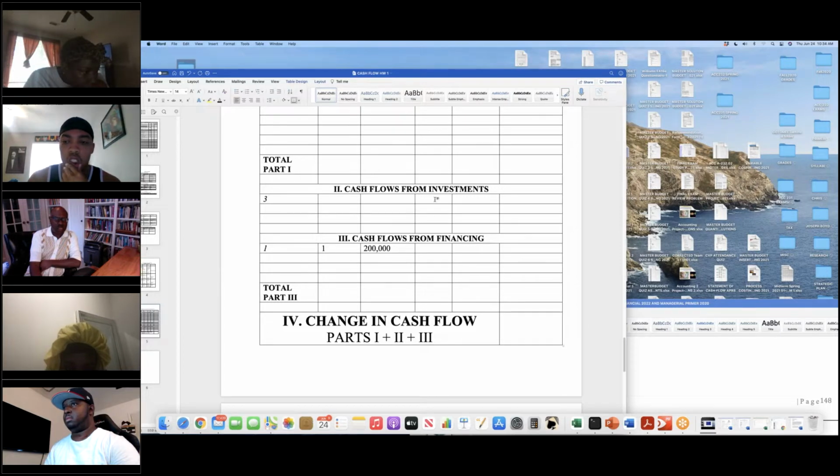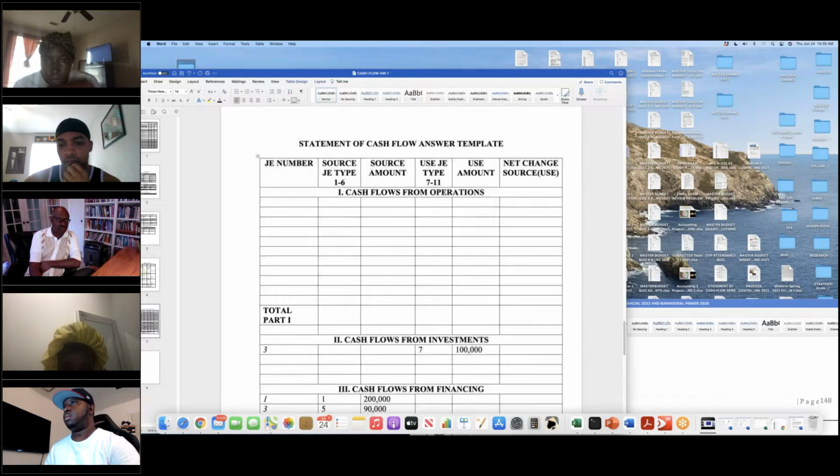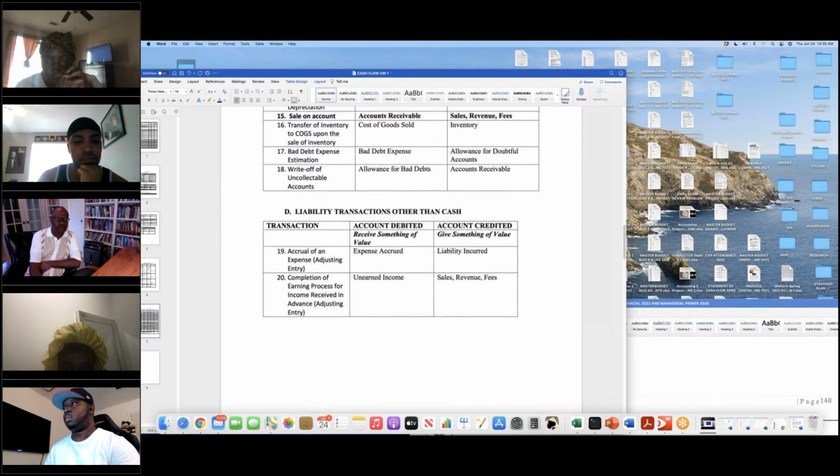So we said this is what, a type 7, and it was $100,000 in equipment that we bought. That's more useful information. But we're also going to come down here and put the 3 down here, and we're going to say it's a type 5, and we borrowed 90,000. So it nets back to the 10, but this is better information for us: that we got $100,000 worth of equipment, not 10, and we owe 90. That's just more useful information. So we look at that a little differently.